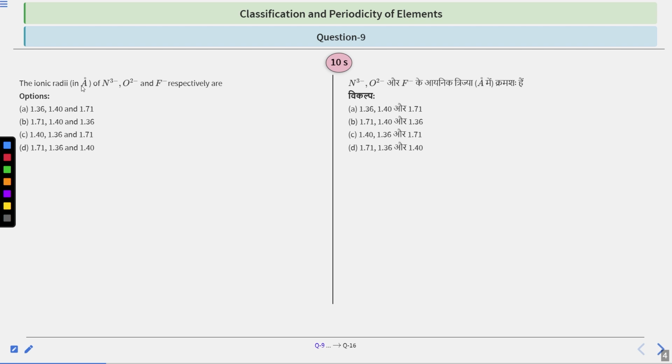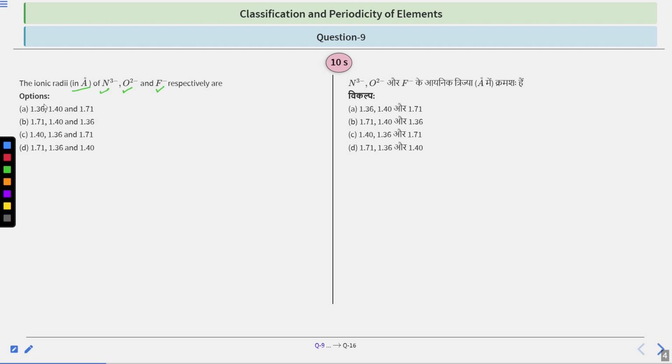The ionic radii in angstrom of N3 negative, O2 negative and F negative, which are basically nitrogen 3 negative, oxygen 2 negative and fluorine negative respectively, are. So we have been given some values and we have to tell the ionic radii in angstrom of these three ions.